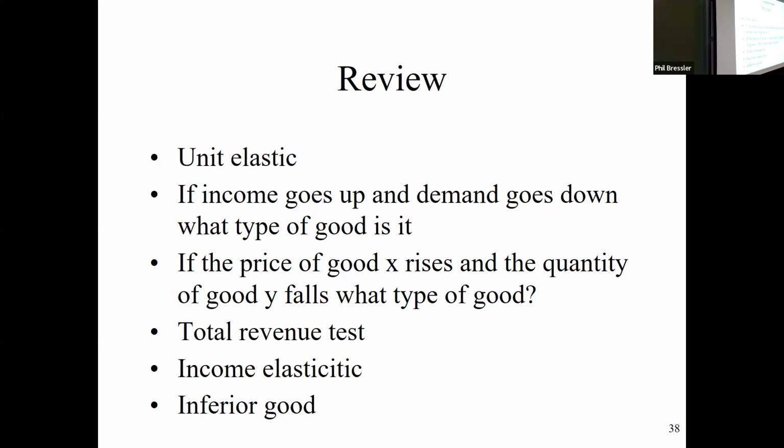It can only tell you if the good is normal, which would be a positive coefficient, or inferior, which would be negative. Now, on one of the redos, there's a question about inferior, which I'd say 50% got wrong. If income is down and it's an inferior good, what's going to happen to demand? It's going to go up. It's going to shift right. Is that what you needed?